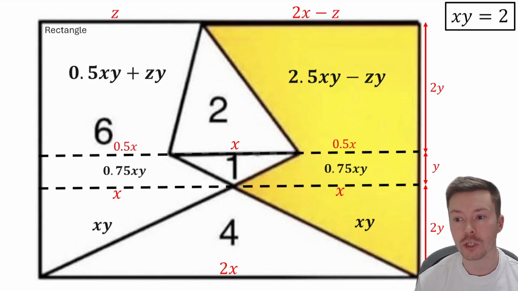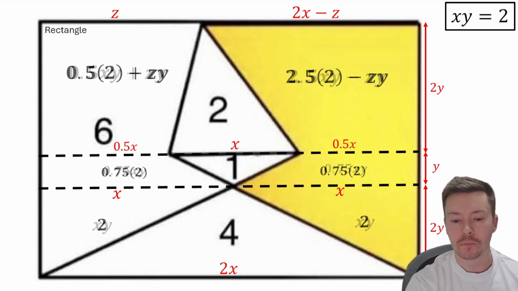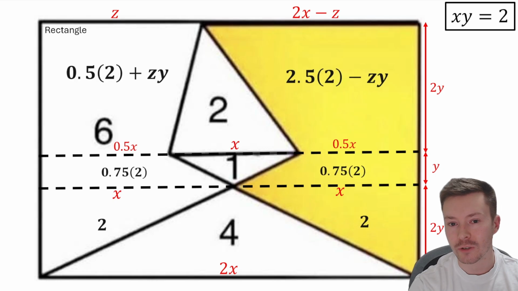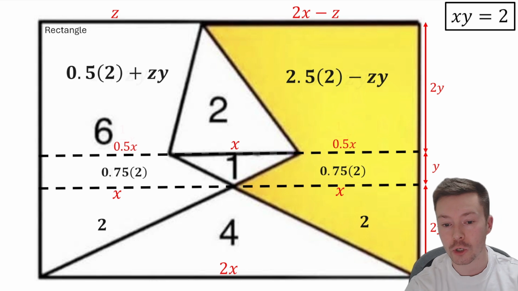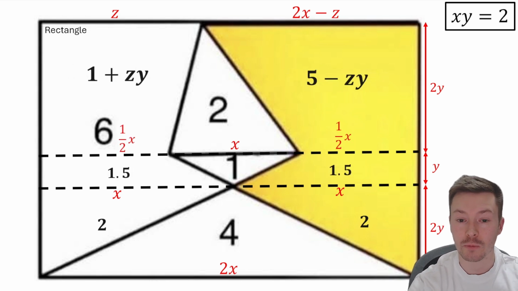And so if we substitute that in, what we get is all of this. We've changed all the xy's for 2. Now I'm going to simplify the middle trapezia. So 0.75 times 2 is 1.5, and substitute it and simplify again at the top. So we get 1 plus zy and 5 minus zy.